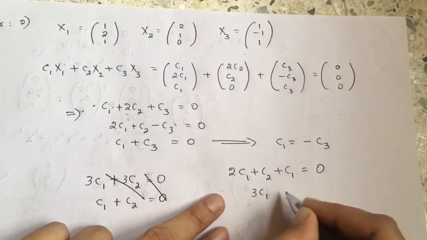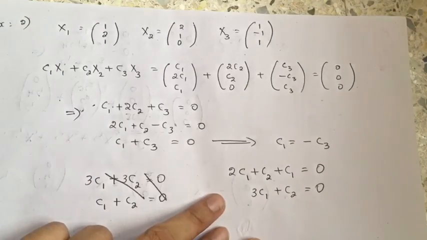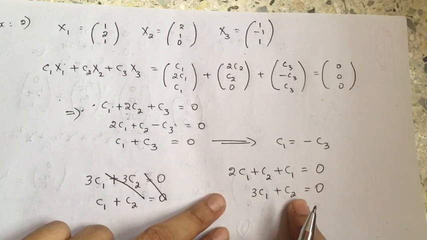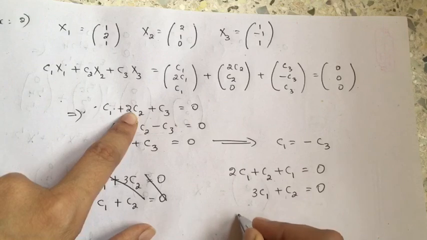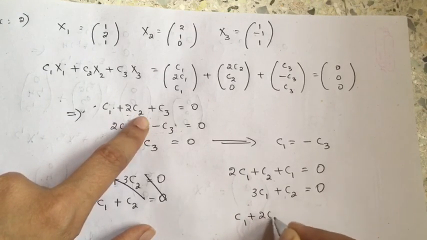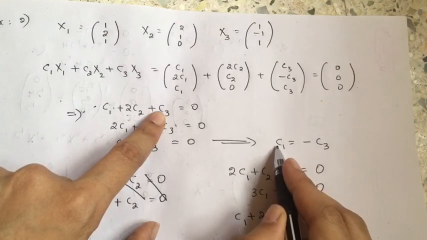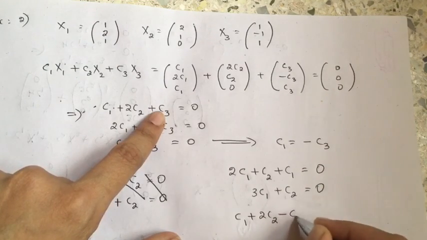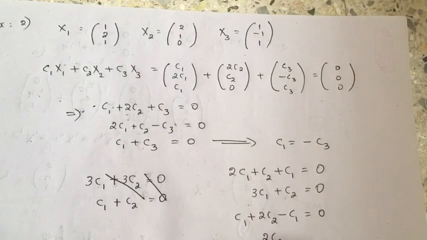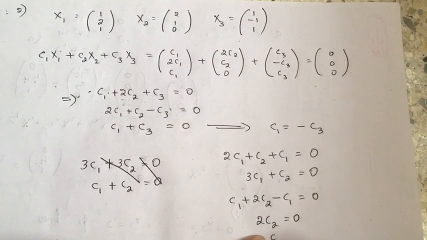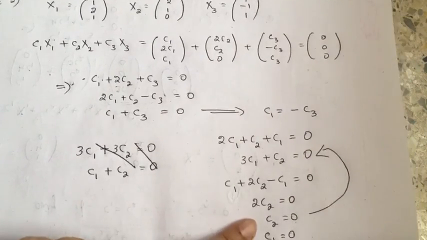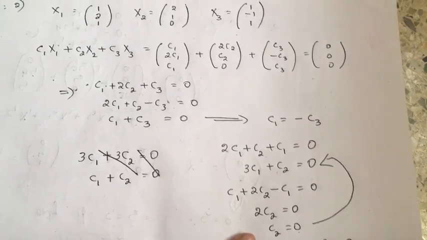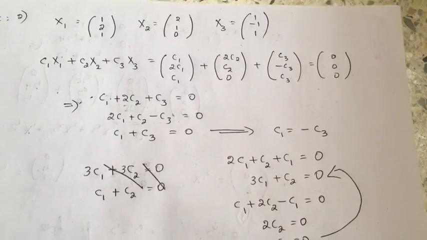Then, taking c1 as minus c3 in the remaining equation, c1 plus 2c2 minus c3, and c3 is minus c1, so I am getting 2c2 equal to 0. So c2 equal to 0. I'll put that in, so that c1 becomes 0. Hence c3 is equal to 0. Therefore these vectors are linearly independent.